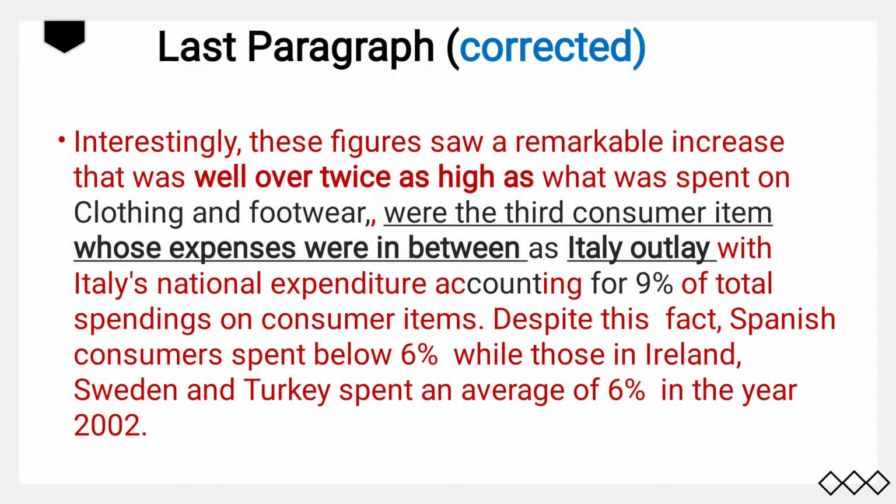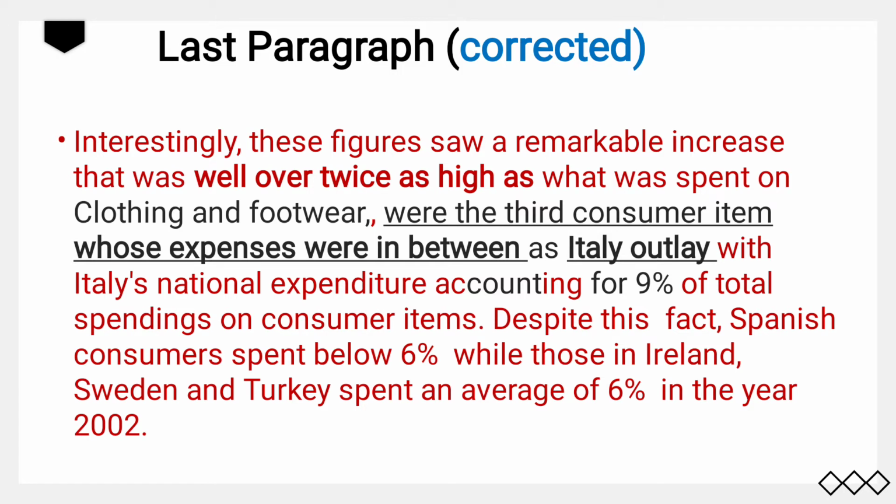I have added my corrected version in red ink, leaving what the student wrote in black ink. So I began that paragraph saying, interestingly, these figures saw a remarkable increase that was well over twice as high as.